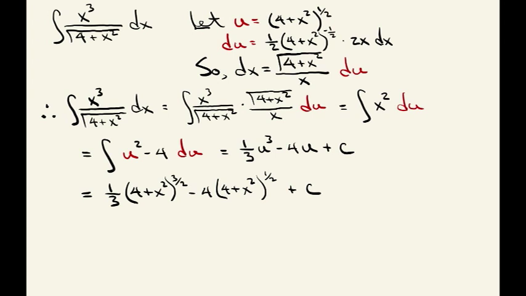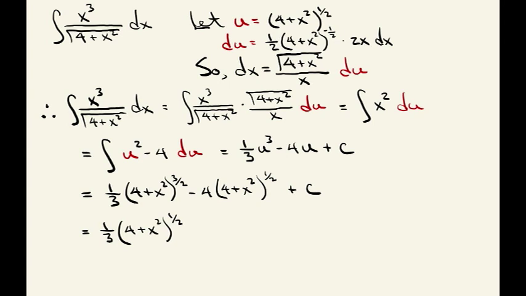But if we wanted to go just a little bit further, we could recognize that (4 plus x squared) to the 1/2 appears as a factor of both of the terms of our answer, and in order to make the final answer just a little bit nicer, we're going to factor out 1/3 times (4 plus x squared) to the 1/2 power out of both terms.